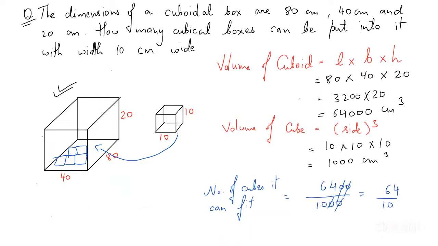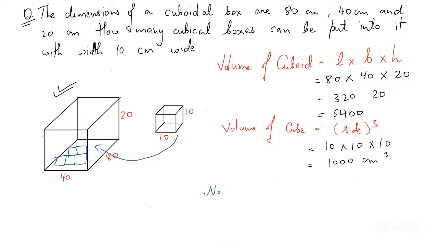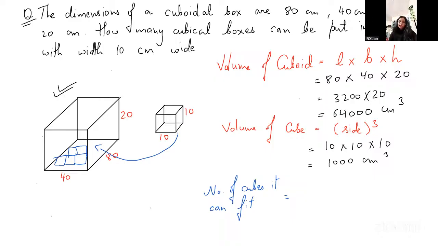Okay, now what we do? I'll just rewrite it. Okay, understood? It is 3200 multiplied by 20. Okay, that is 64000 centimeter cube.